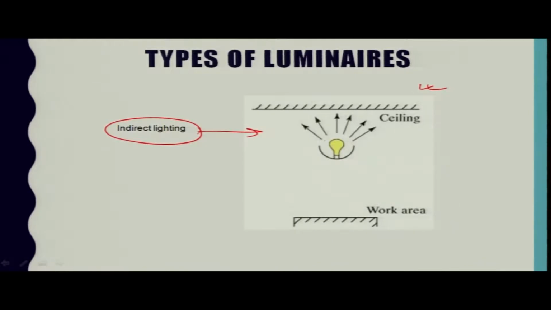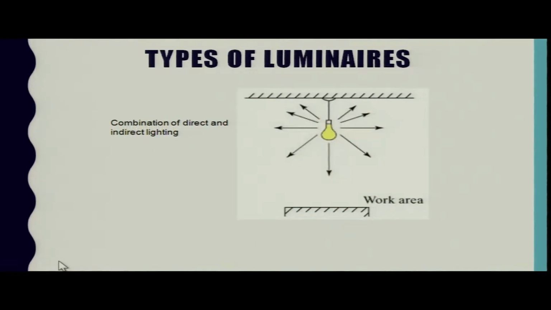The bulb is in this direction and its lighting direction is towards the ceiling, but still it is giving some light to the work area. So this is an example of indirect lighting, and here this is a combination of direct and indirect lighting, where the lamp is at some distance and it is illuminating the working area.